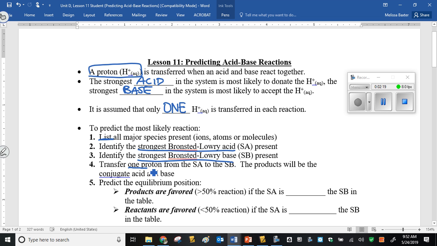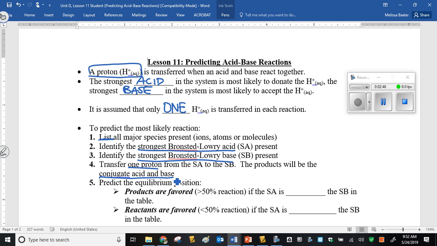Then we transfer 1 proton from the strongest acid to the strongest base. And when we do that, the products will be the conjugate acid and base. If you remember what a conjugate pair is, it's 2 substances that differ by just 1 proton, just 1 hydrogen ion. So that's how we'll determine what our products are.